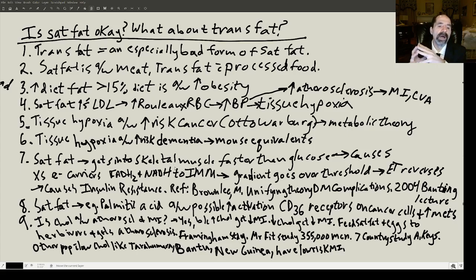It overwhelms the electron transport capacity of the inner mitochondrial membrane, and it pumps too many protons into the intermembrane space, and that leads to a backup in electron transport. Because the gradient's so high, they can no longer pump protons, and now electron transport starts to run backwards. When electron transport runs backwards, then the Krebs cycle runs backwards and glycolysis runs backwards. Basically, all the metabolism inside the cell is like a traffic jam, and it's starting to go backwards.